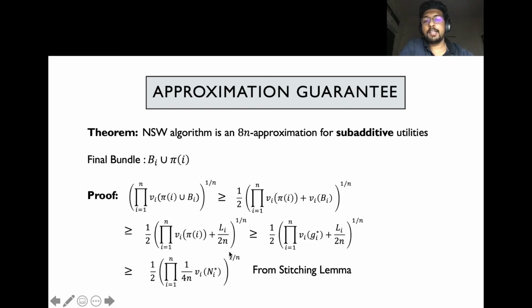And finally, the last inequality follows from the stitching lemma. This gives us the 8n approximation under the assumption that we obtain only small goods after the matching step.